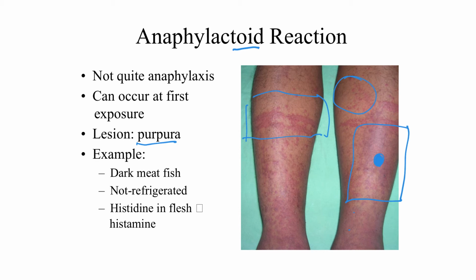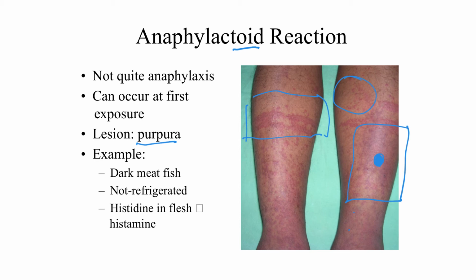And histidine over time will be converted into histamine if that meat is not refrigerated. So I mentioned things like ice fishing or fishing if you're outside and you just gut that fish and keep the fish meat out and want to have it later. The danger is that the histidine has been converted into histamine.